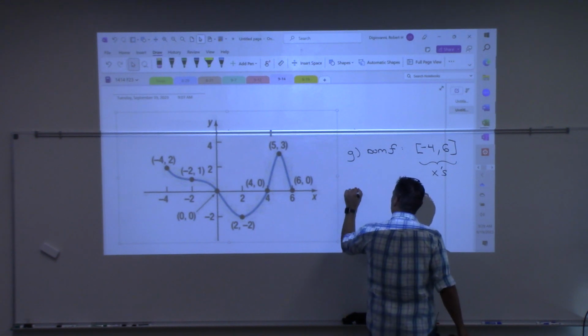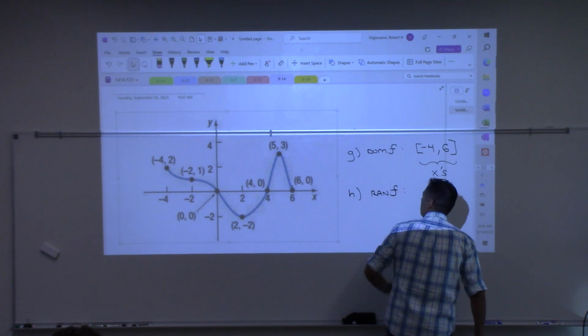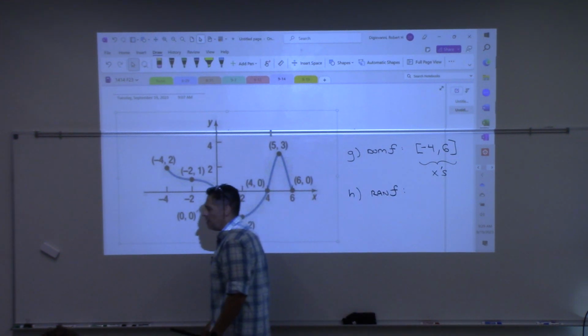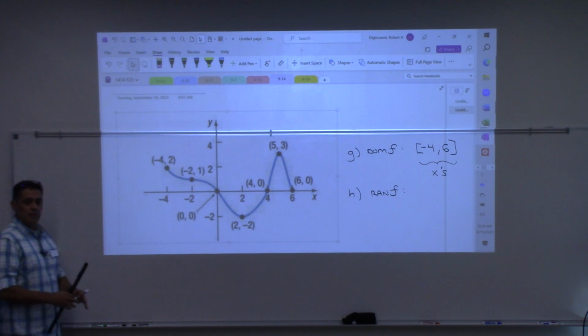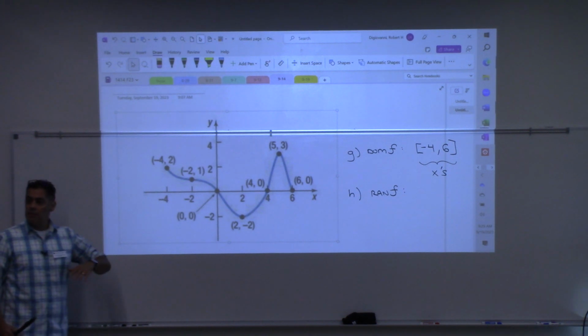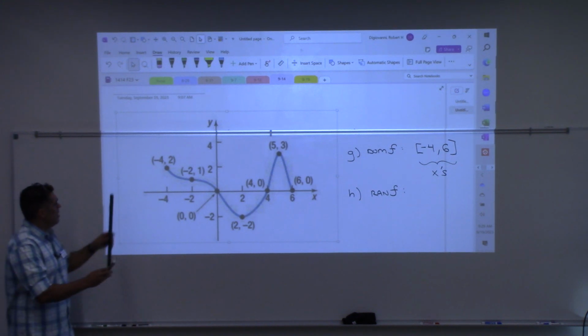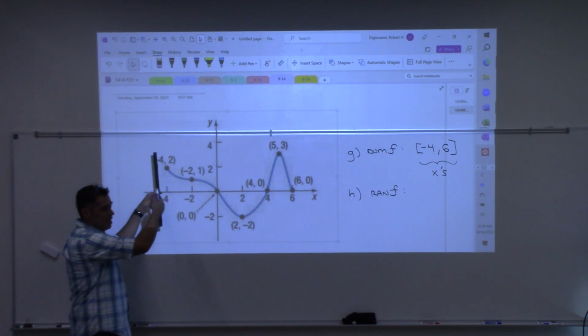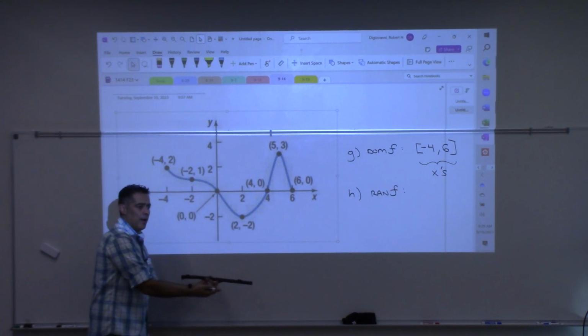H, range. I'm going to put ran f instead of range. Can someone tell me what the difference is between domain and range in terms of how I'm going to approach this? Range is the y values that come out, right? Yeah. So instead of looking up and down to see if I have a graph, I'm going to turn my line this way, start from the bottom, and work my way up.